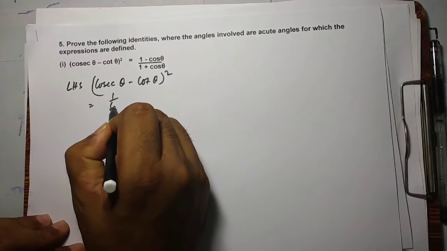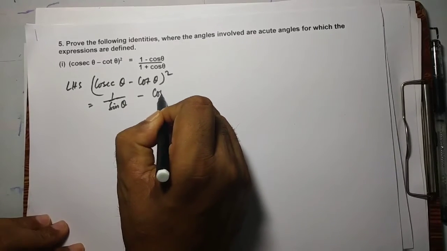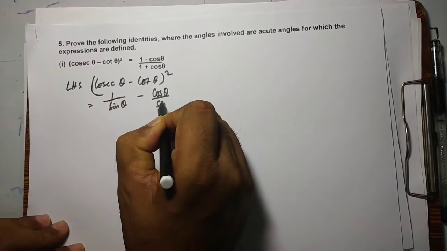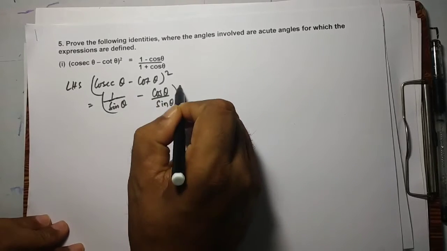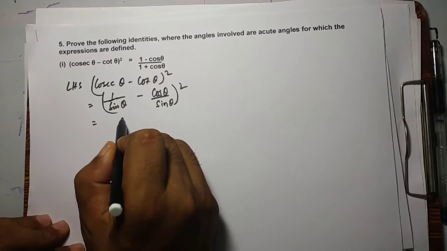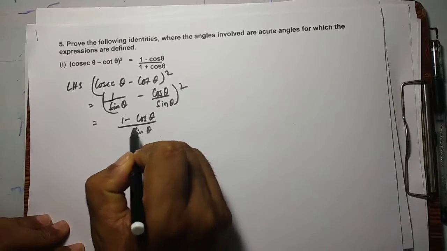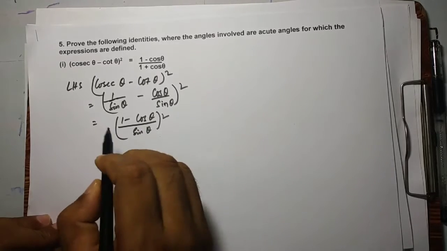So cosec theta is 1 upon sin theta, you know it, and cot theta is cos theta upon sin theta. So this is whole square. So the LCM is sin theta. So 1 minus cos theta, then sin theta whole square.